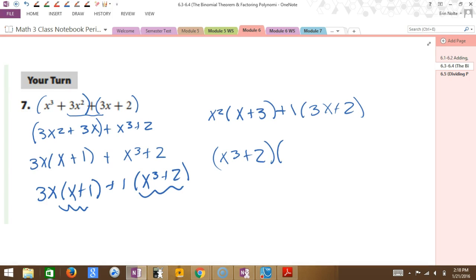X cubed plus 3x squared plus 3x plus 2? It's impossible. No, I don't see it. Me neither.